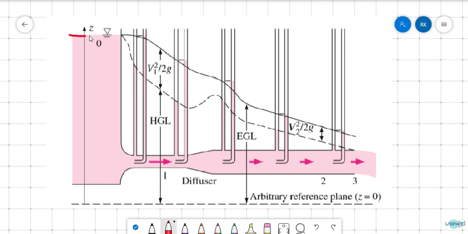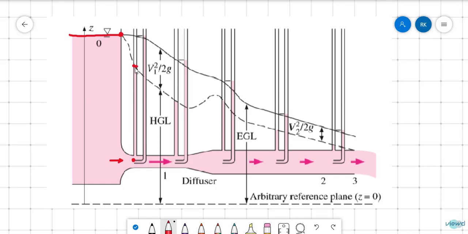Here, this one is a free surface. Atmospheric pressure is acting on this, and this is the atmospheric pressure head. As I move in this direction, the fluid is flowing in this direction. So approaching here at this point the pressure head will be up to here.